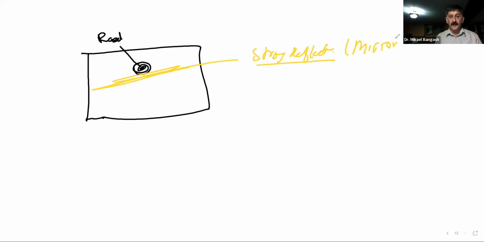And on the other side of the mirror, we see a duplicate of this. So this will become your mirror image, just like when you are standing on one side of the mirror and you see your duplicate on the other side.